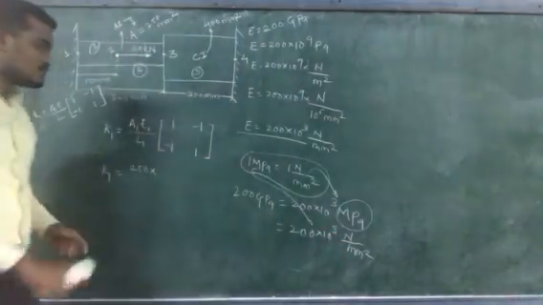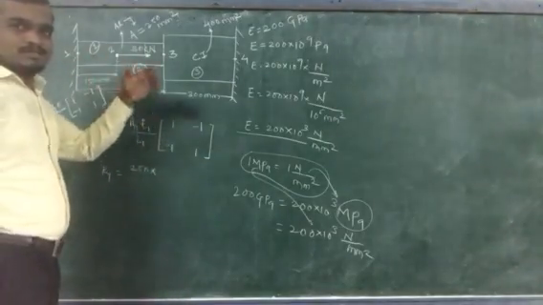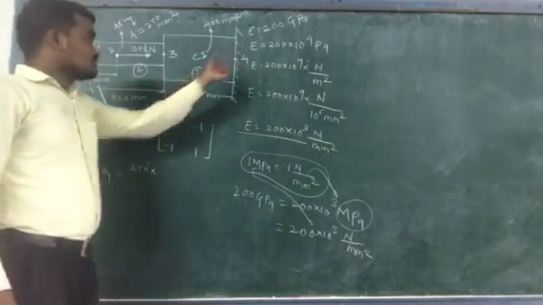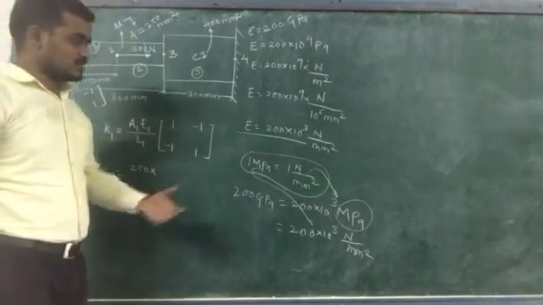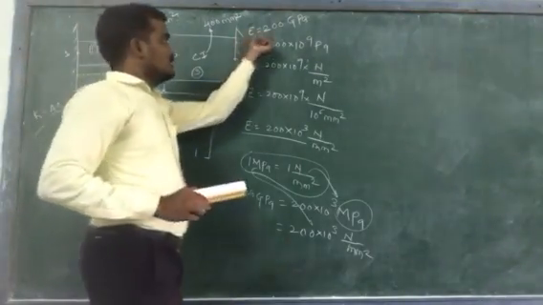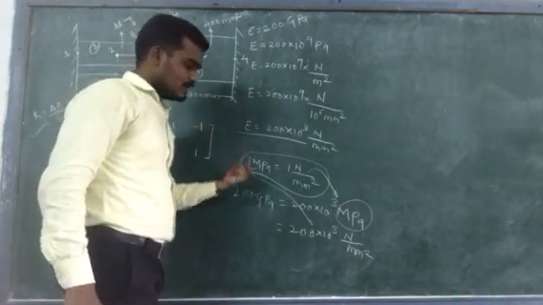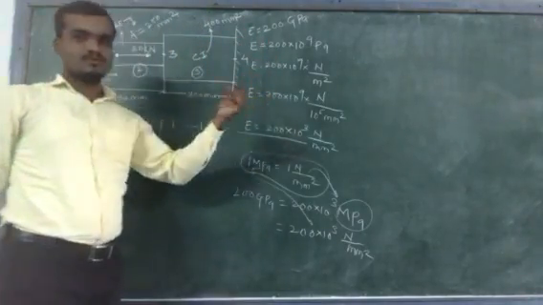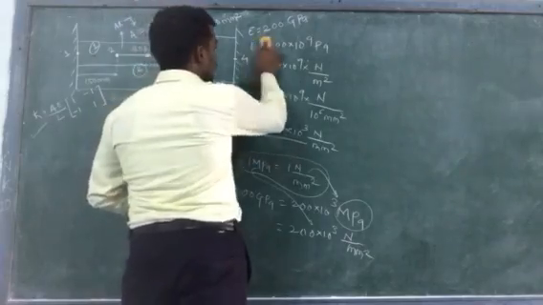As all the dimensions are in mm and our expectation of displacement is in mm, we need to convert this gigapascal into Newton per mm square. So 1 gigapascal is equal to 10 raised to power 3 Newton per mm square. So 200 gigapascal is equal to 200 into 10 raised to power 3 Newton per mm square.